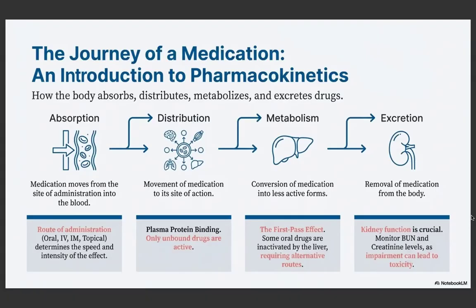No, because methotrexate inhibits the absorption of folic acid. So we want to take them separately from each other. The other thing too is that if someone's malnourished, metabolism can also be affected because they might not have all of the enzymes needed to help break down these drugs in their system.